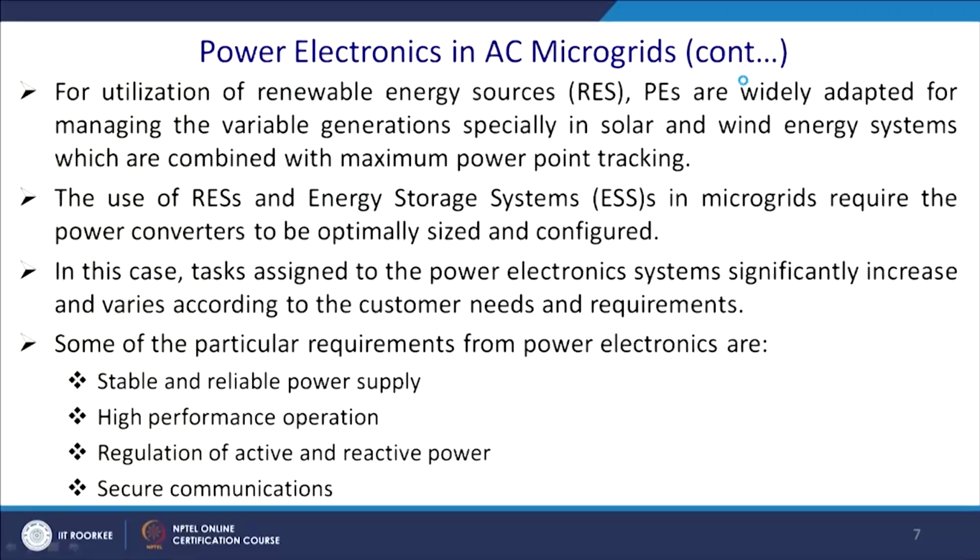For utilization of renewable energy sources, power electronics converters are widely adopted for managing variable generation supply in solar and wind systems, which are combined with maximum power point tracking. Not every voltage and current of the solar panel generates the maximum power.